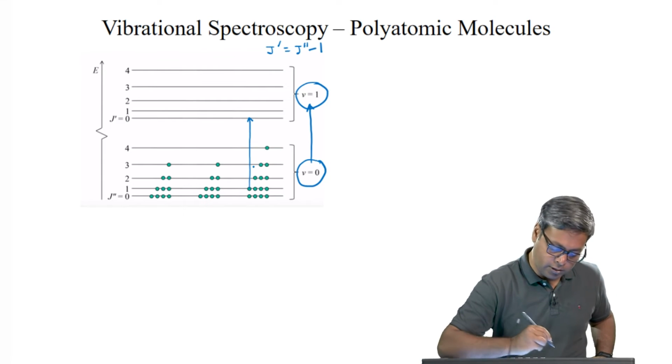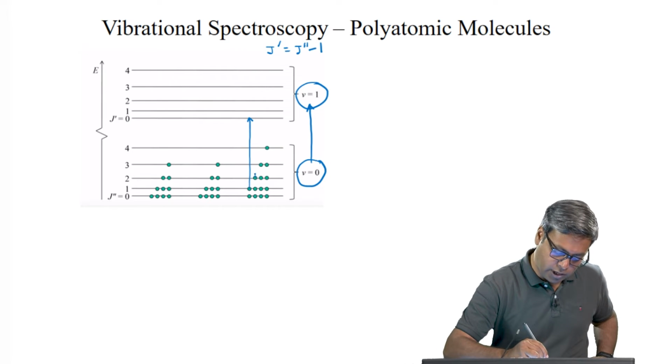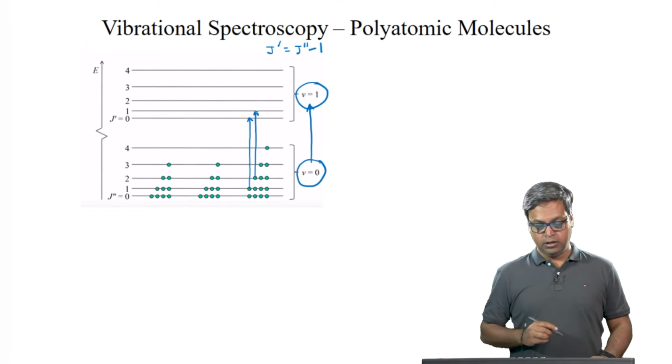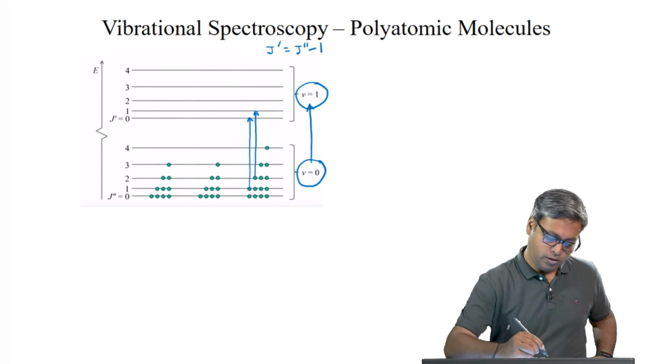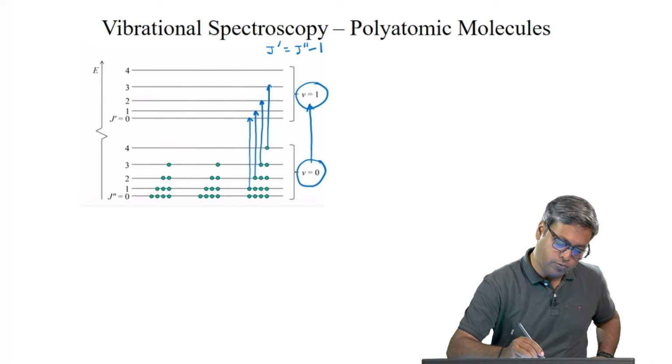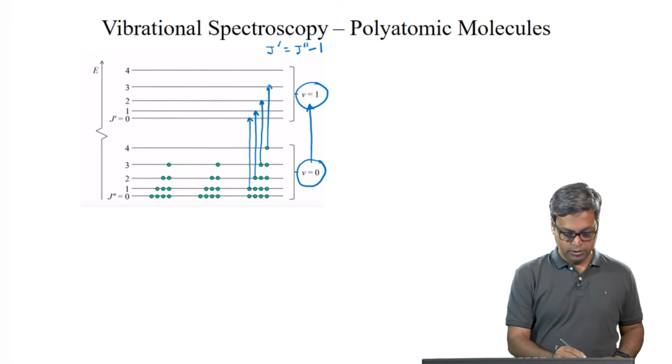Let us draw the other transitions. We start from V equals 0, J equals 2, we end at V equals 1, J equals 1. Here we go from J equals 3 to J equals 2 and J equals 4 to J equals 3.